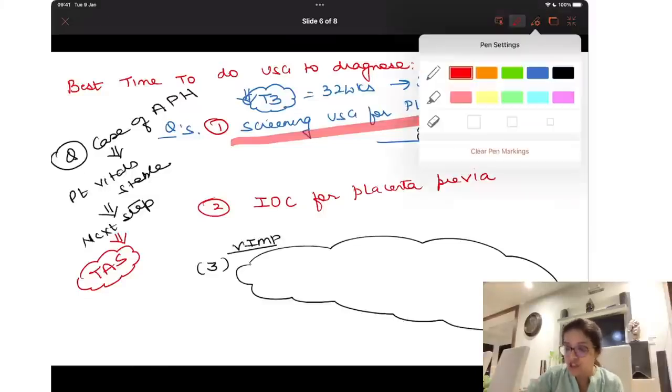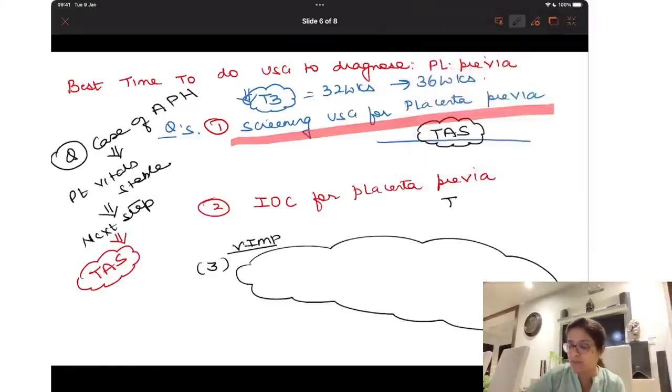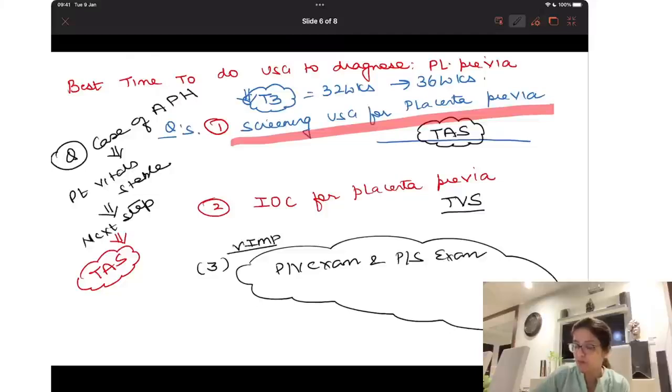The investigation of choice for placenta previa is TVS. Very, very important that per vaginal examination and per speculum examination are contraindicated in placenta previa patients.